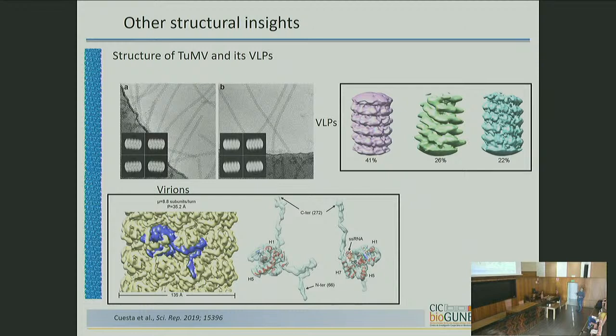And we also analyzed virus-like particles. There was transient expression of the nucleoprotein in plants, and you can purify filaments of different lengths, of course, because you don't have the genome inside. And when we tried to process them following helical symmetry, it was a disaster all the time.